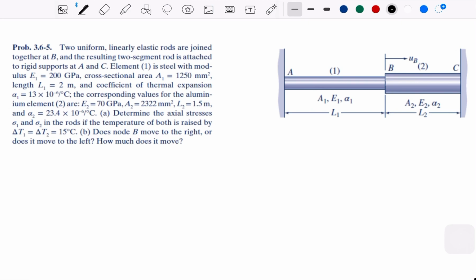And for the assumption, if you look at the picture, you see the assumption that B is going to the right, but this is an assumption. You can make another assumption that B is going to the left in your calculations, and you will see the correct movement from the positive or negative sign. If it is going to the right in the picture but your calculation is negative, it means that it's going to the opposite side.